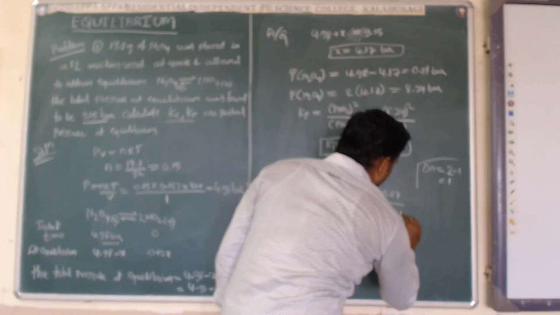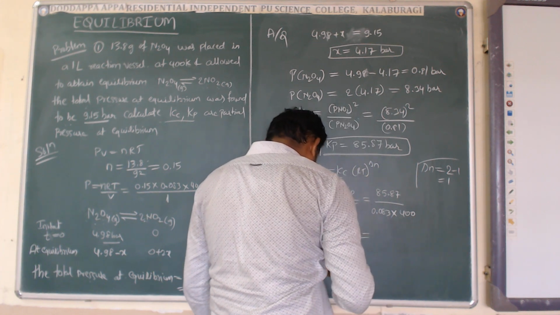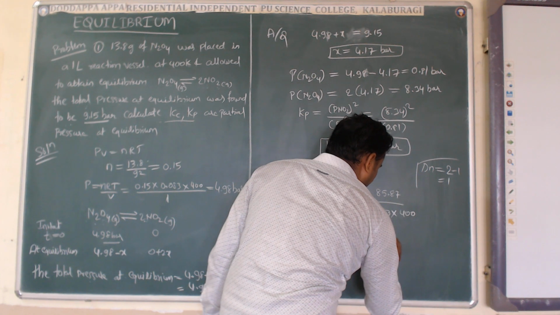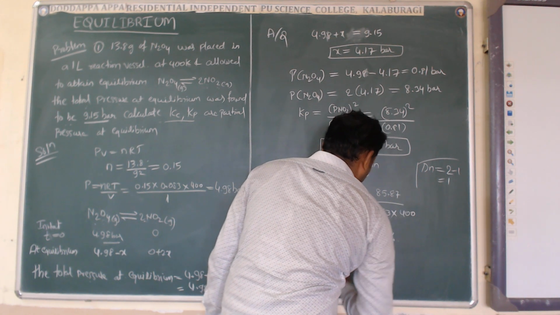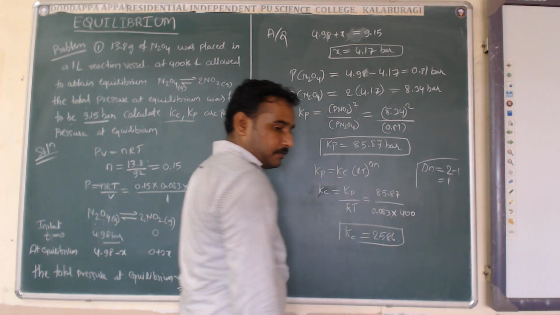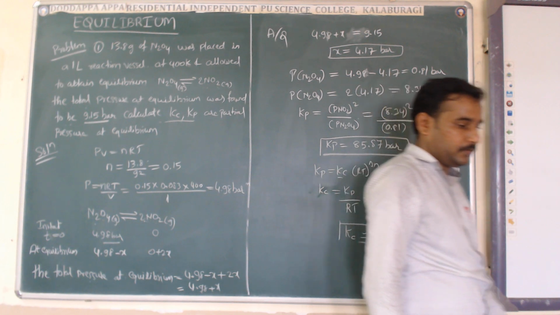Then we get the answer 2.586. That is Kc. So we have found out the Kp and Kc values here.